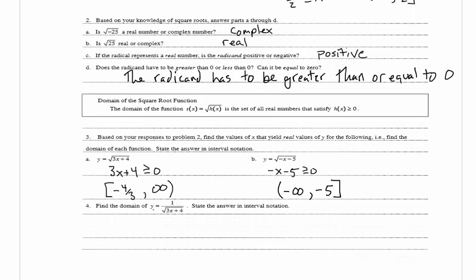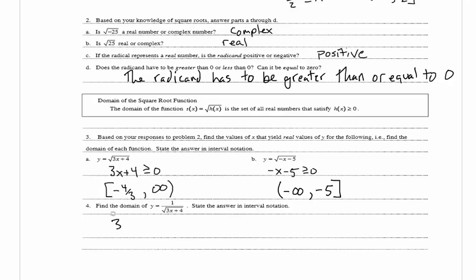In 4, it says find the domain of y is equal to 1 over the square root of 3x plus 4 and state the answer in interval notation. Now the difference between 3a and 4 is that our radical is in the denominator in 4 and it was in the numerator in 3a. So now we can't have our inequality equaling 0.